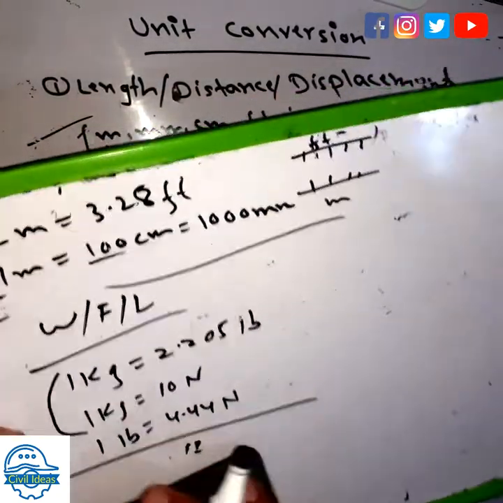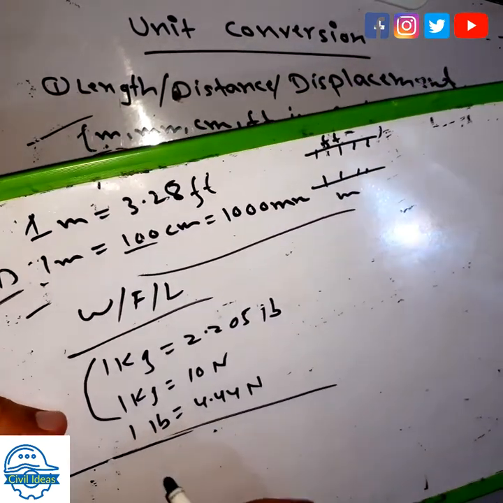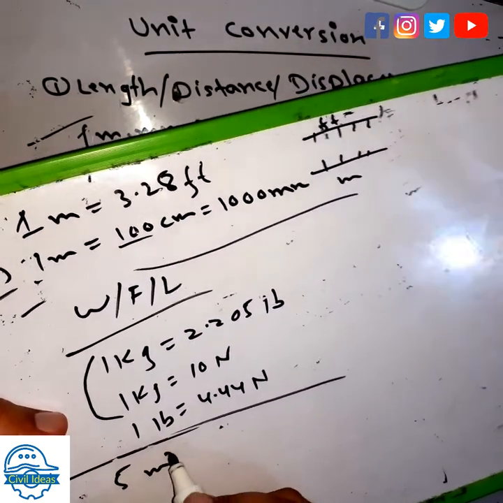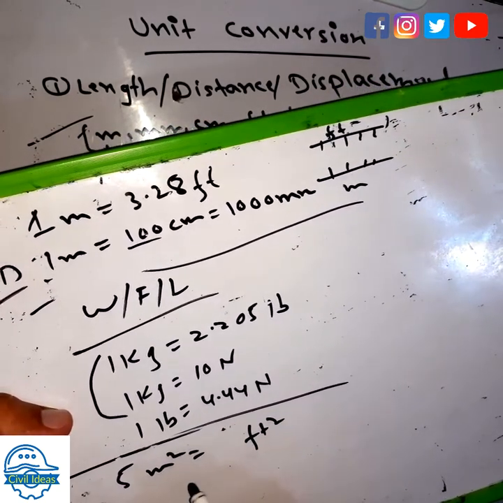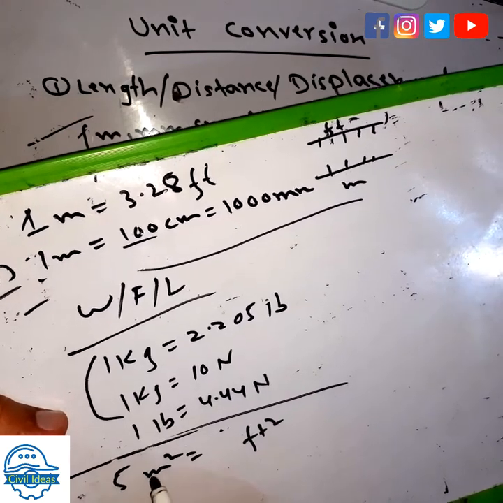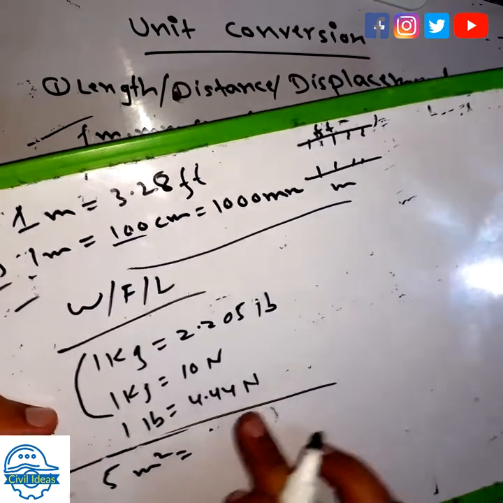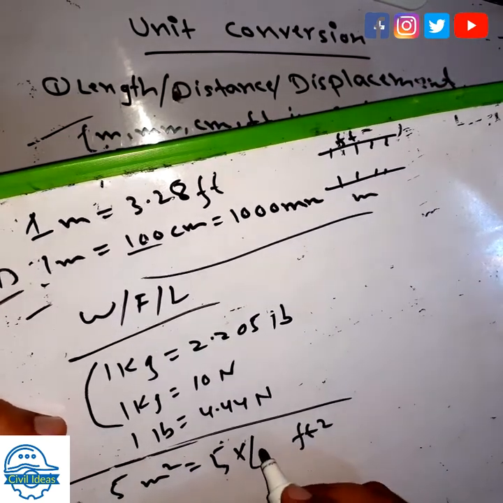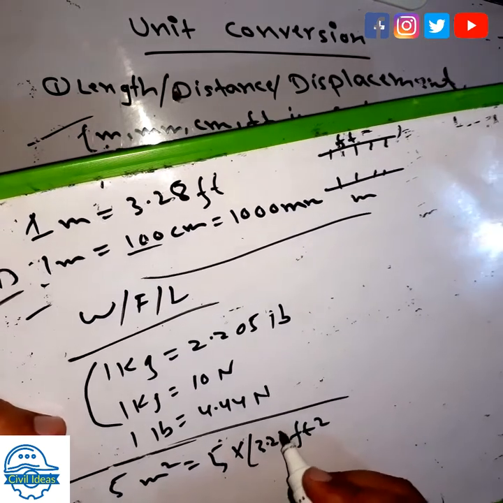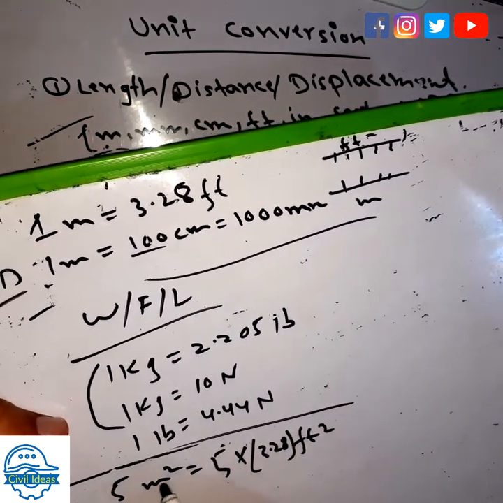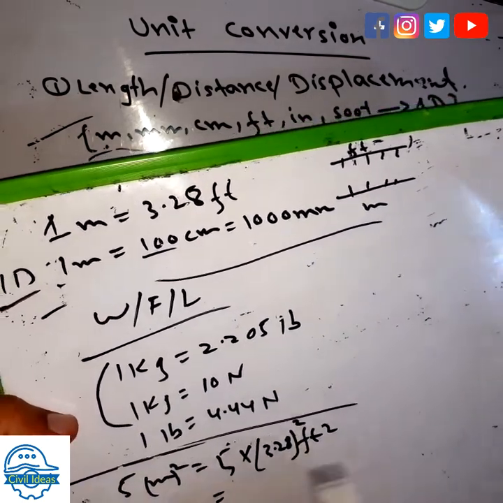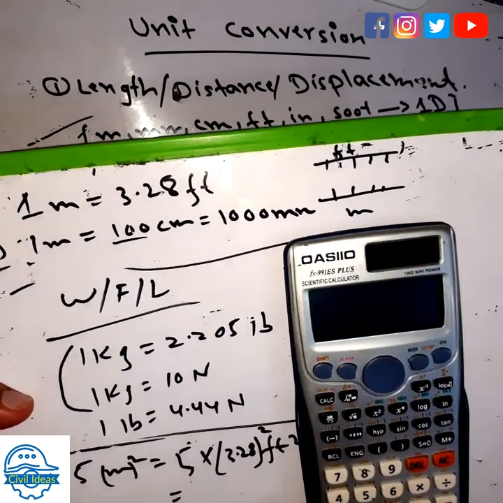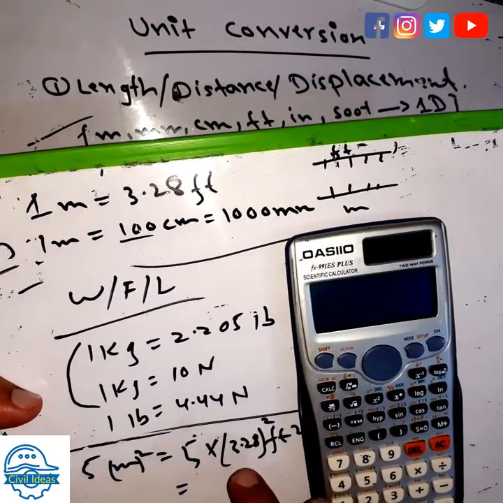Okay, so this is the most basic one. Also, if you take a square, like 5 square meters, how much is it in square feet? You just have to take the square of the meter-to-foot conversion: 1 meter is equal to 3.28 feet, so you square 3.28 and get the value for converting square meters into square feet.